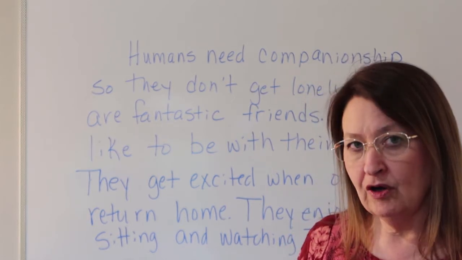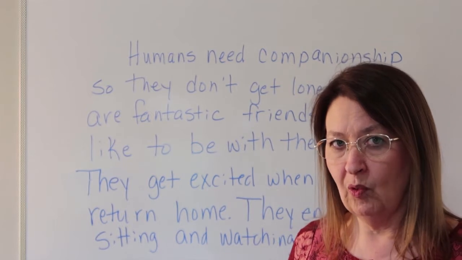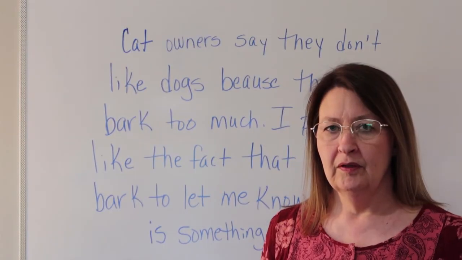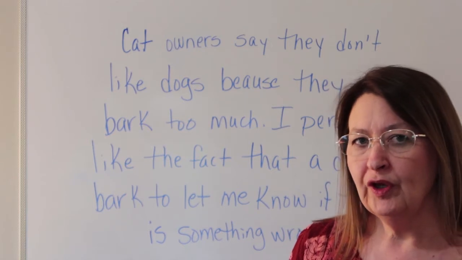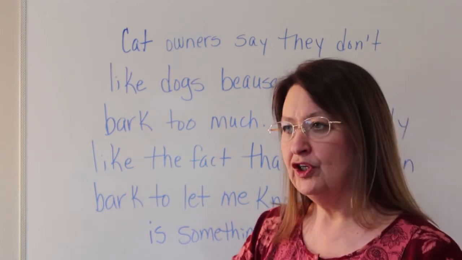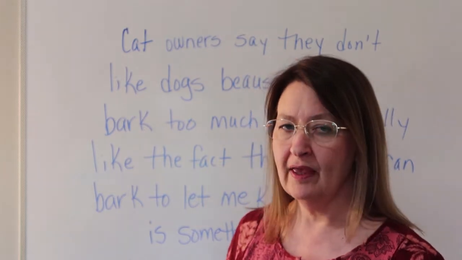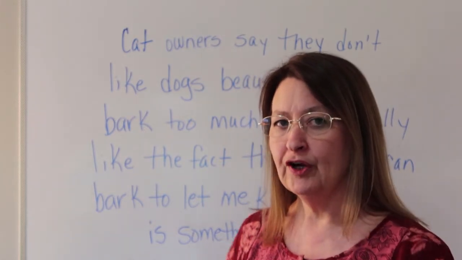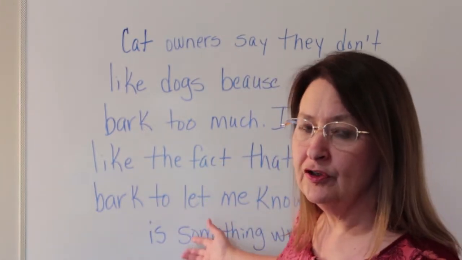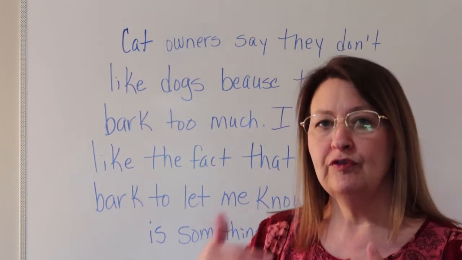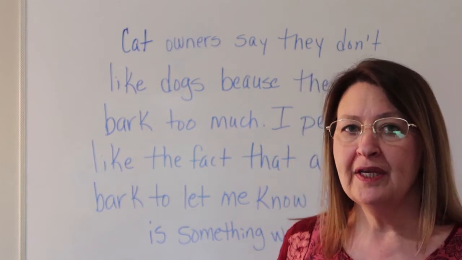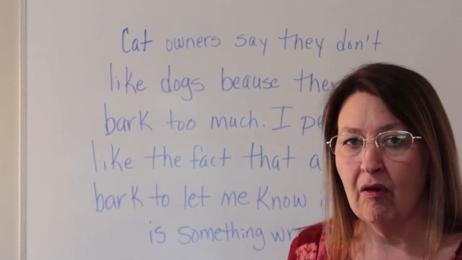Now, that third paragraph about your counterpoint. A counterpoint is when you go to the other side, when you look at what the other people are saying and you take one of their arguments and bring it into your essay, but you have to be able to refute it. Refute means you have to tell why they're wrong.